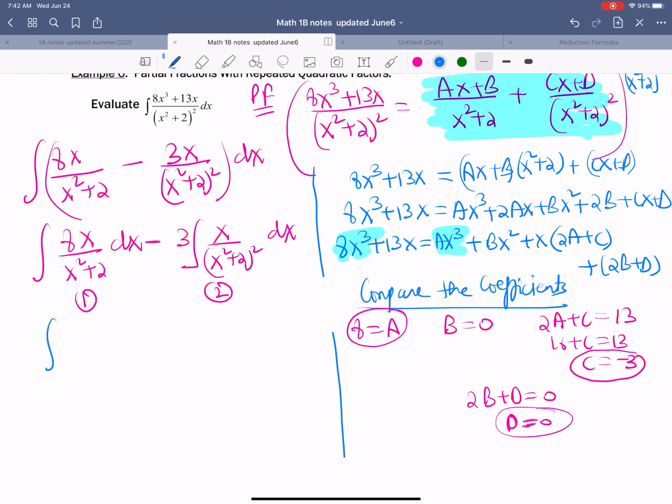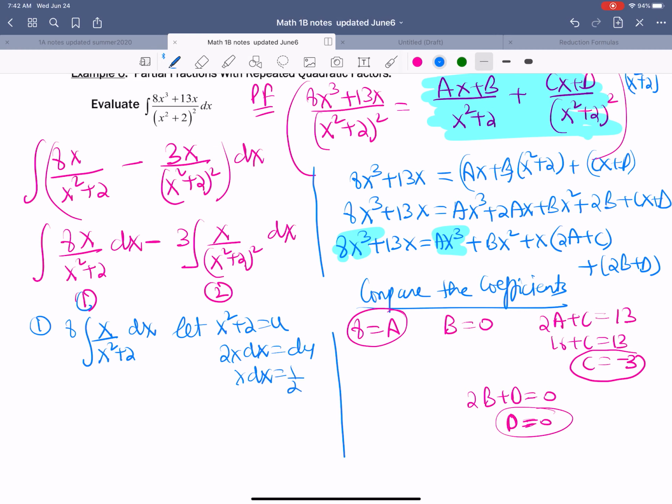The first one, integral 1: I can pull the 8 out, and I have x over x squared plus 2 dx. We can let x squared plus 2 be u. 2x dx will be du, so x dx will be 1/2 du.